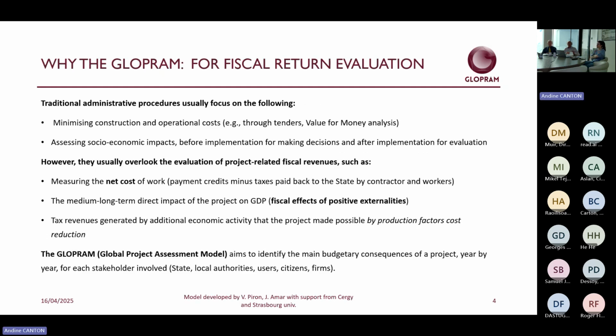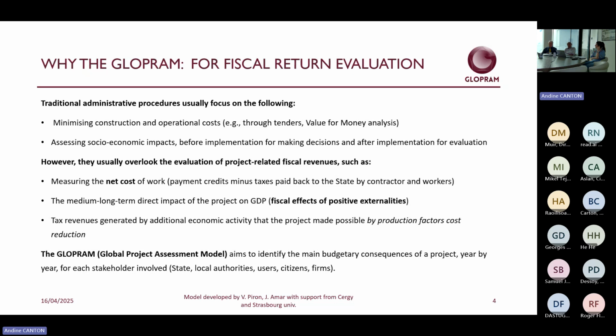So why is the GLOPRAM needed now? For fiscal return evaluation, when you look at the process used by World Bank, IMF, and many other bodies, they usually concentrate on minimizing construction and operating cost. All the process about tender optimization, value for money analysis, and so on are focused on reducing the cost.